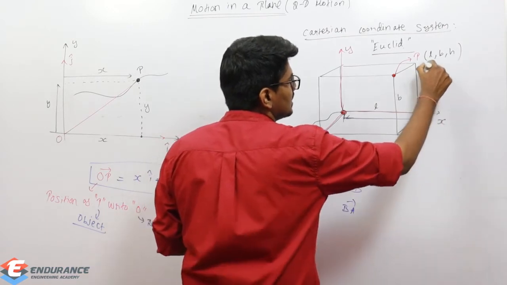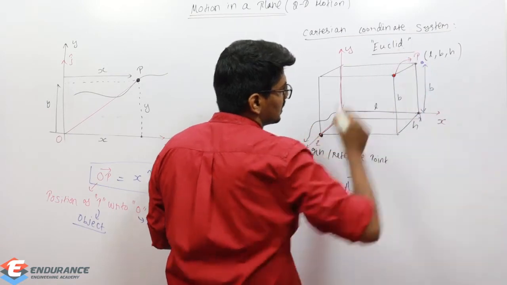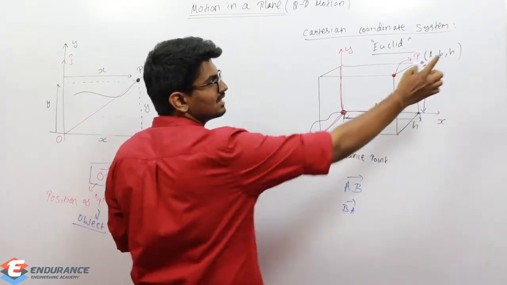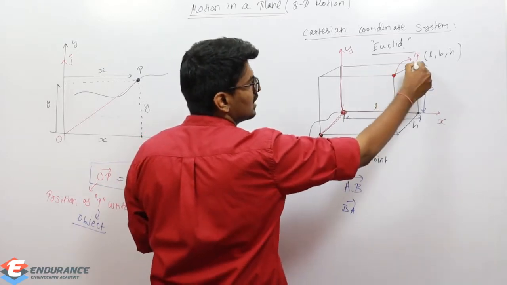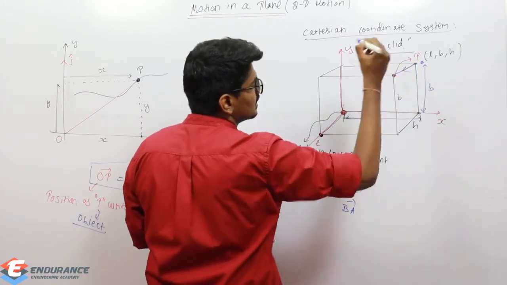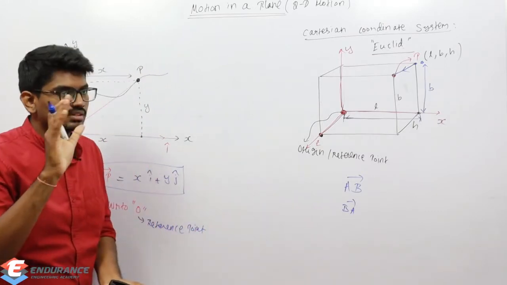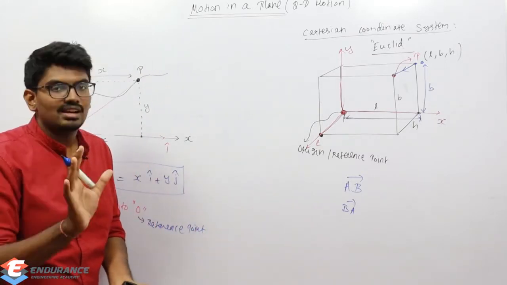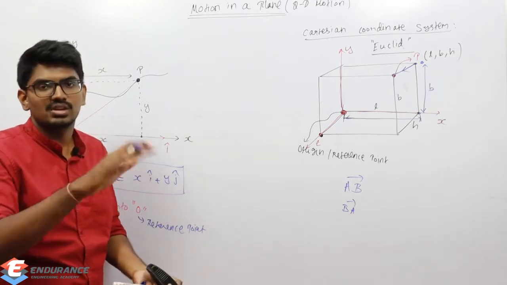From here, H direction in the z-axis, which means perpendicular to the board, I'm traveling H to reach the point P. So L amount in the x direction, B amount in the y direction, H amount in the z direction.